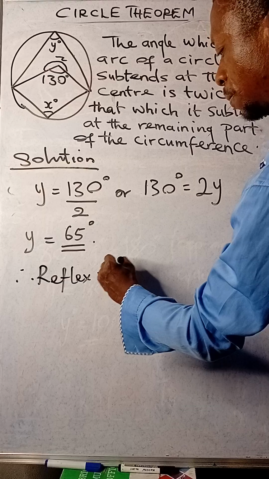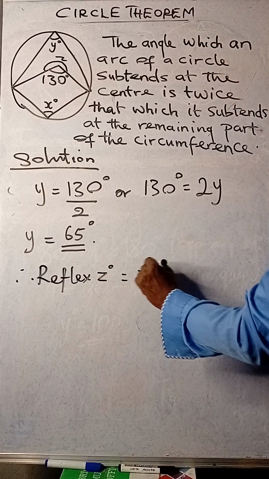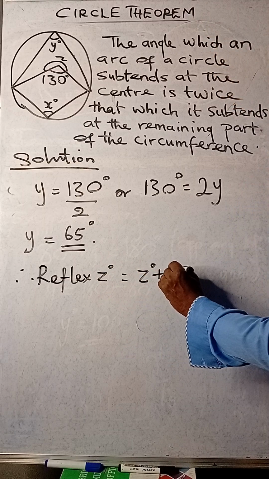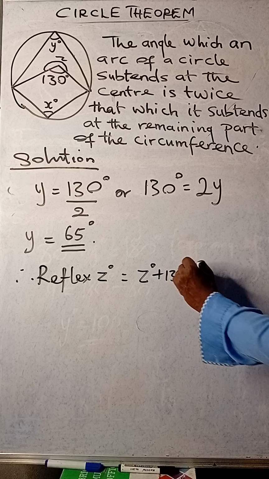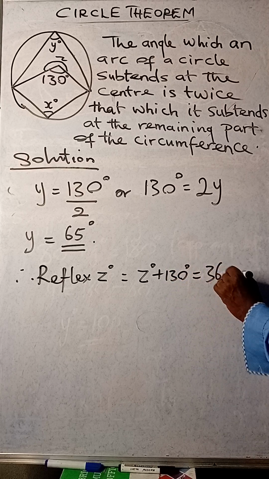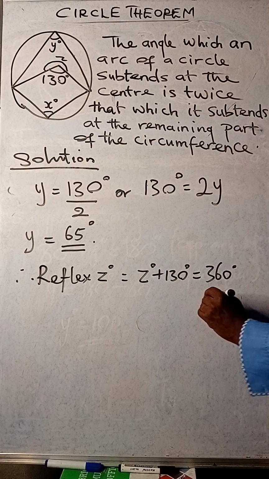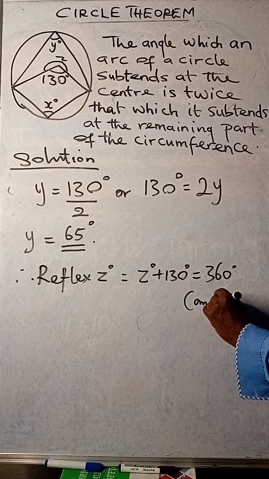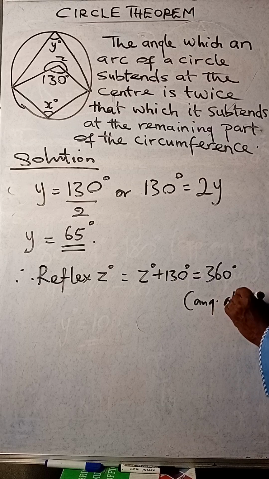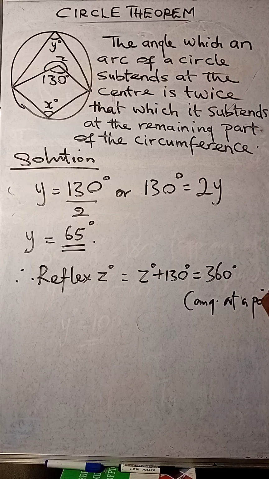would be z degrees plus 130 equals 360, because this is angles at a point. Good.